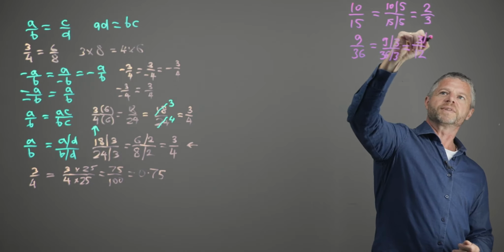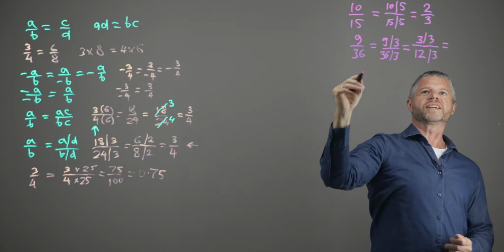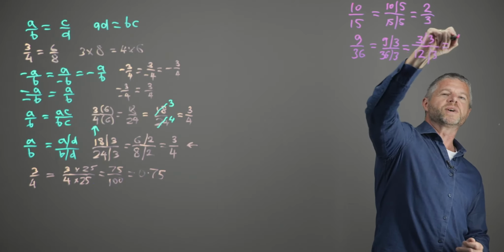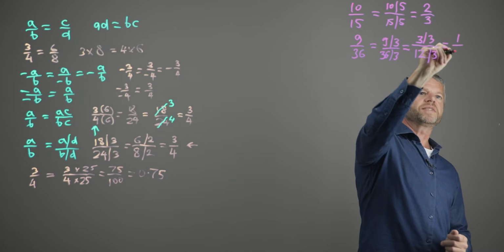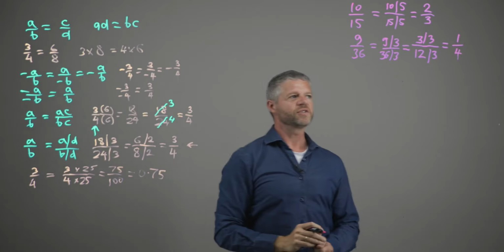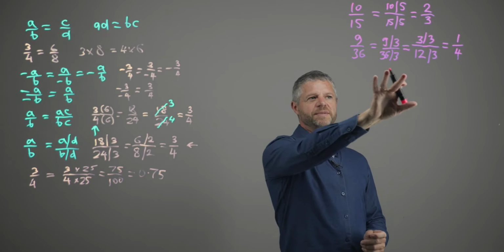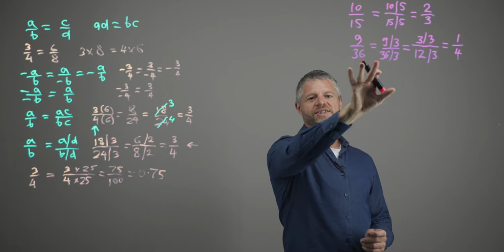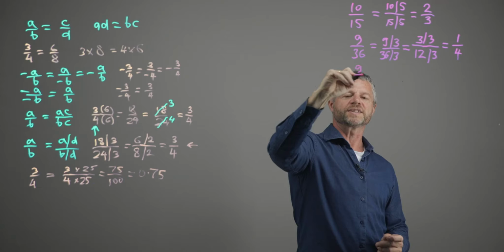So if I divide by 3 again, I'll end up with 3 divided by 3, 1 in the numerator, and 12 divided by 3 is 4, so 4 in the denominator. So I took 2 steps here, but I could have actually got there a little quicker just by doing 1 step.